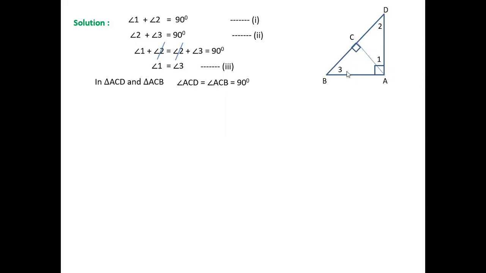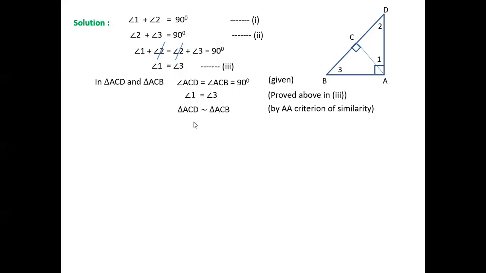And angle 1 is equal to angle 3, which was proved above in 3. Therefore, since these two angles are equal, these two triangles must be similar. So triangle ACD is similar to triangle ACB by the AA similarity criterion.